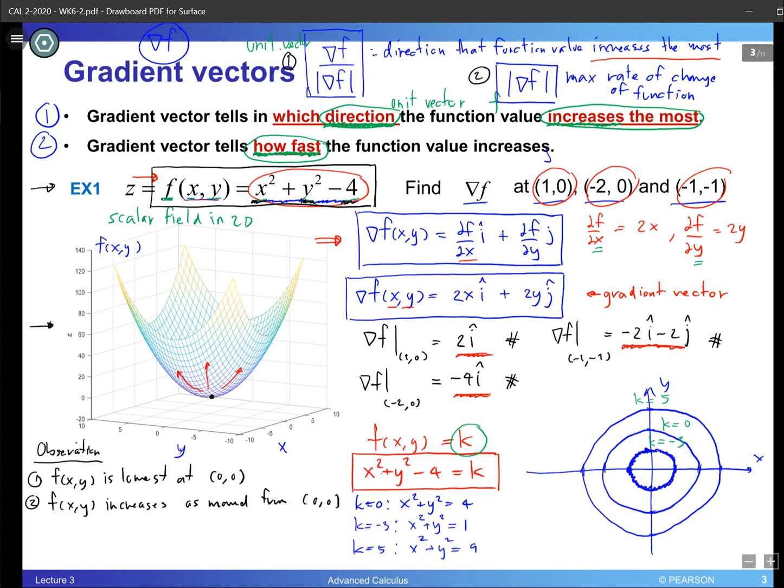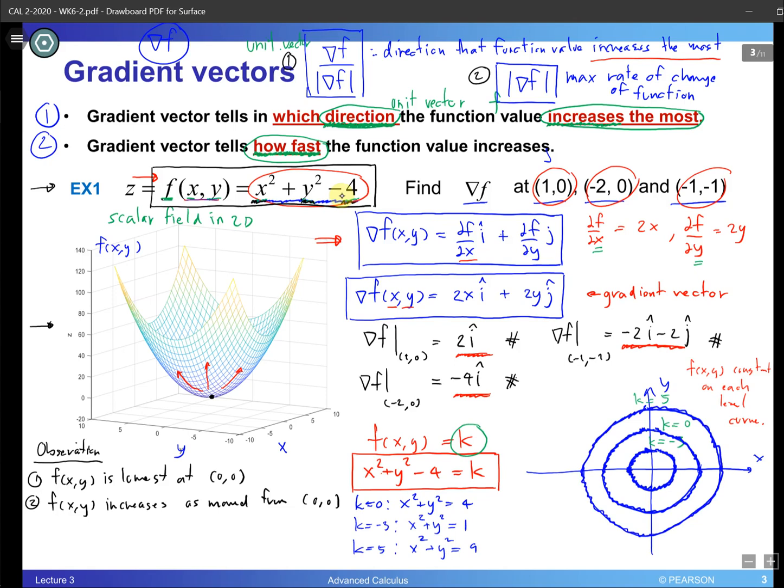So make a note right here: function value f(x,y) constant on each level curve. Let's move to the next one. For k equal to 0, the function value is constant all the way through on this circle. They are all equal to 0. And when you move away to k equal to 5, the function value becomes 5 and it's constant all the way through this circle.